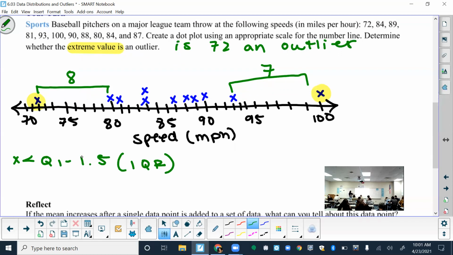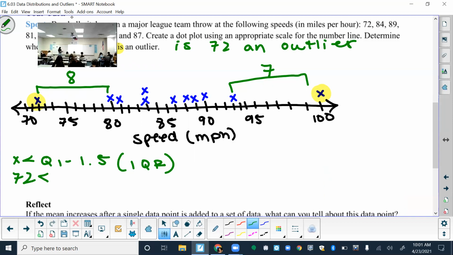And notice it doesn't use Q3, it uses Q1, because that's the lower quartile, right, for the lower numbers. So that'll help us figure out if 72 is an outlier, because it's a lot smaller than the rest of the data. So what will the X value be? Good, because that's the number we're evaluating. Do we know what Q1 is right now?